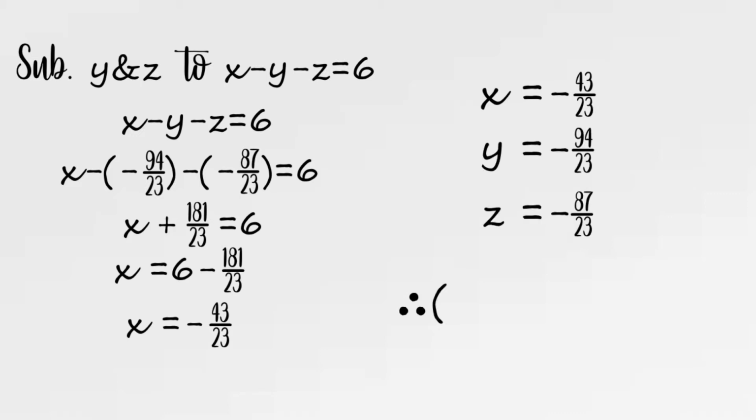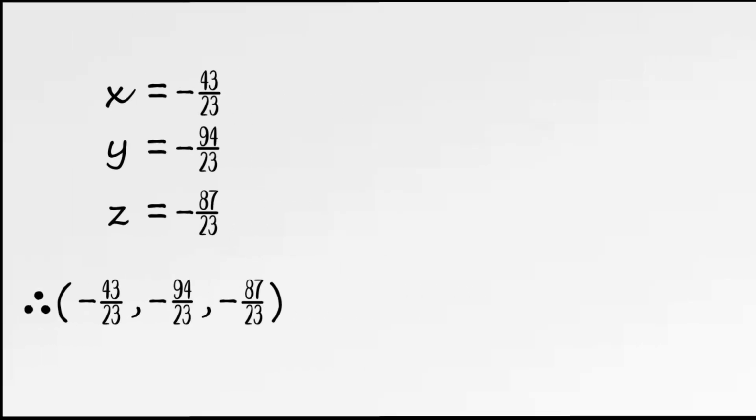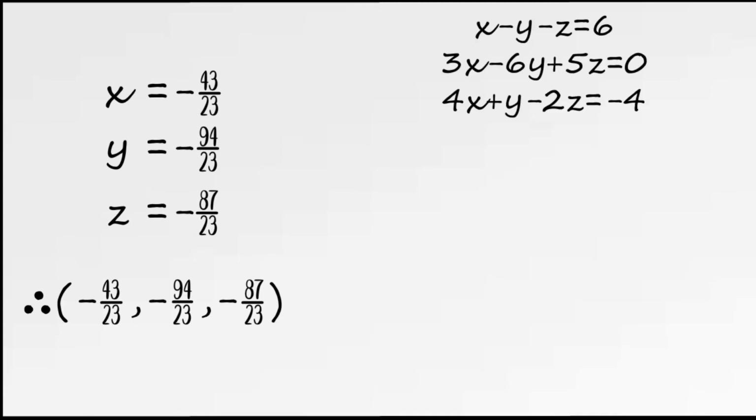Therefore, the solution for the linear equation is negative 43 over 23, negative 94 over 23, and negative 87 over 23. To check if the values of x, y, and z are correct, substitute them in any of the given equations. When the answers are equal, then the values are correct.